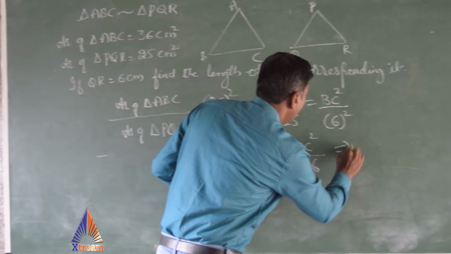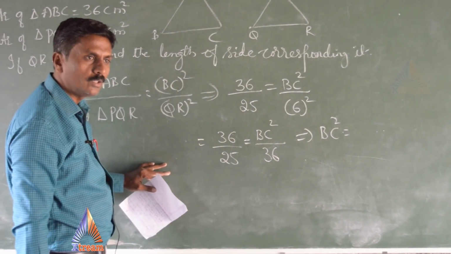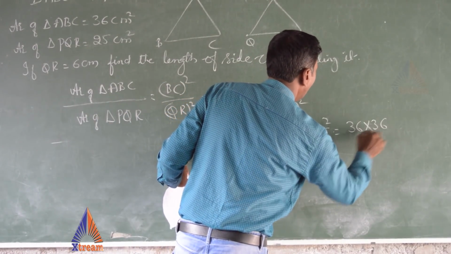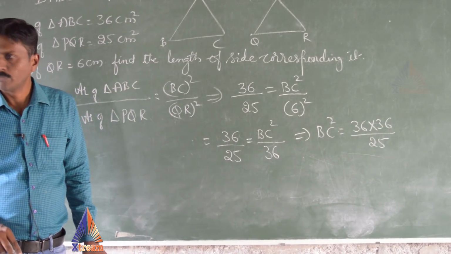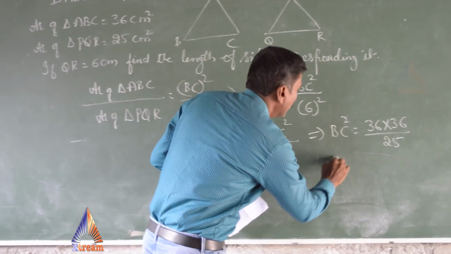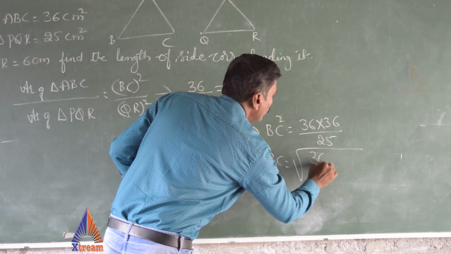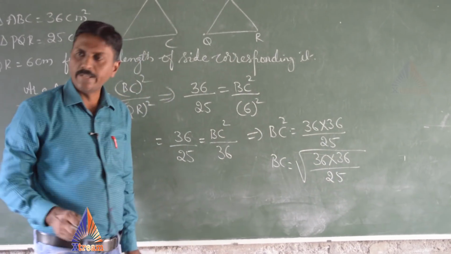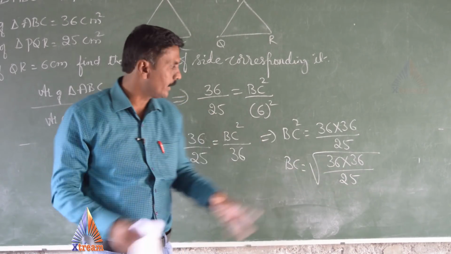Now last step, BC square is equal to 36 into 36 by 25. What do we need? BC. BC is equal to, transpose the square, 36 into 36 by 25. So square is transposed, it becomes a square root.